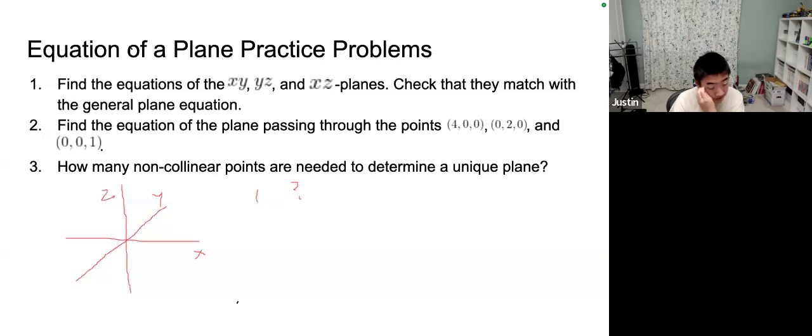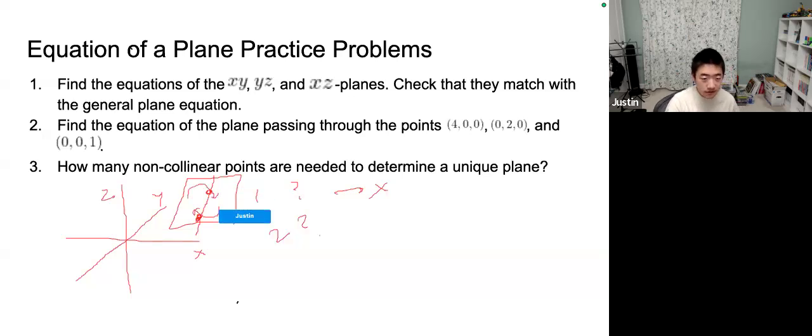Of course, 1 point doesn't work, since there are infinitely many planes passing through 1 point. So 1 is not sufficient. Similarly, for 2, 2 points determine a line, but you can still have infinitely many planes by taking one and rotating it about this line. So that also doesn't work.